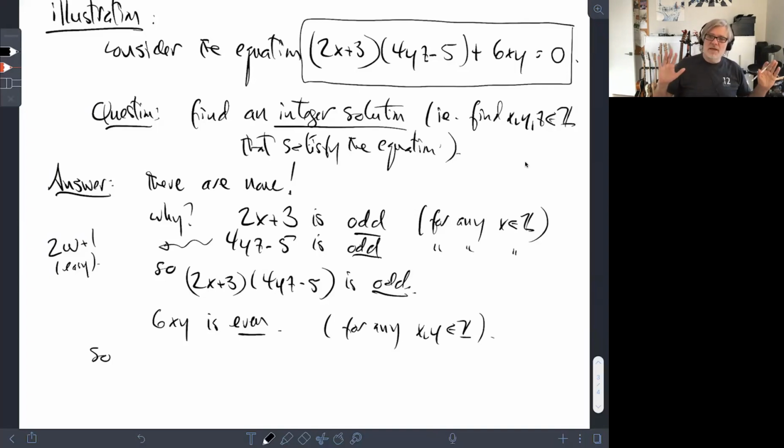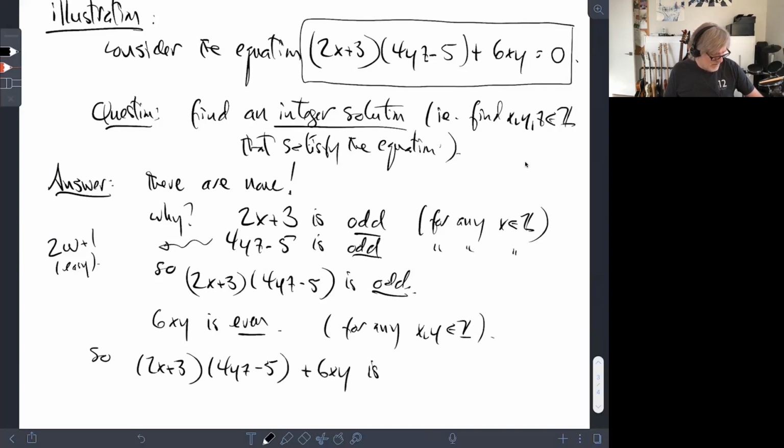So whatever integers I plug in for x, y, z, in this whole thing, 2x plus 3 times 4yz minus 5 plus 6xy is odd. Even plus odd is odd. But this is supposed to be equal to 0, so it cannot be 0 since 0 is even. And that's it.